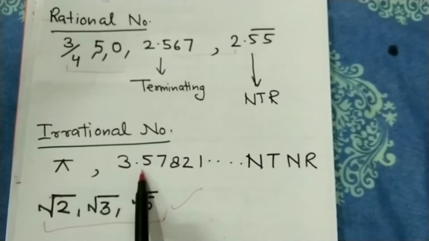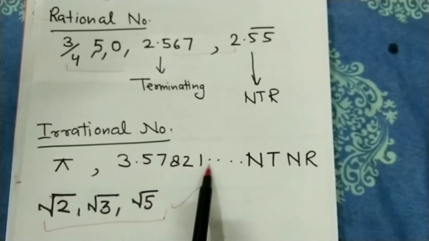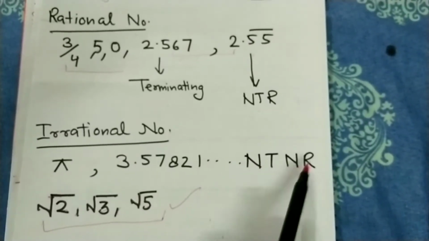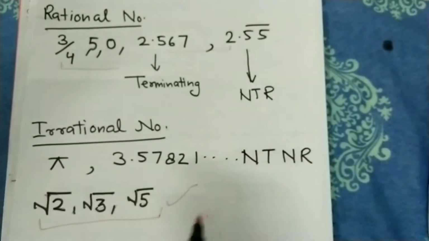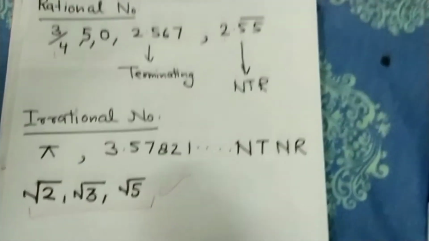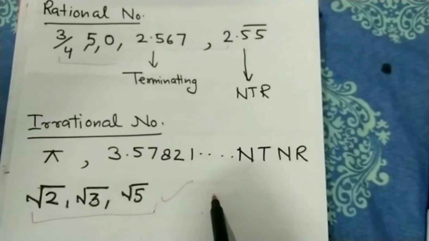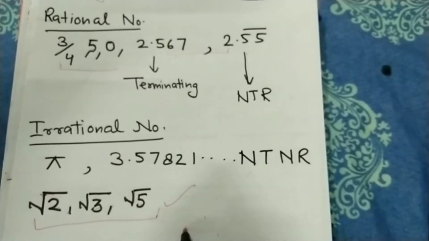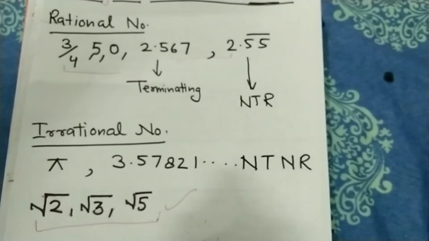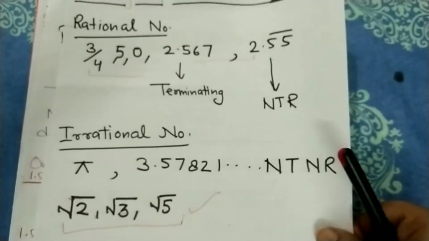Then 3.57821, this also goes on. So this is also non-terminating, non-repeating. So in order to locate these expansions on a number line, we are going to study this exercise 1.4. So let's get started.